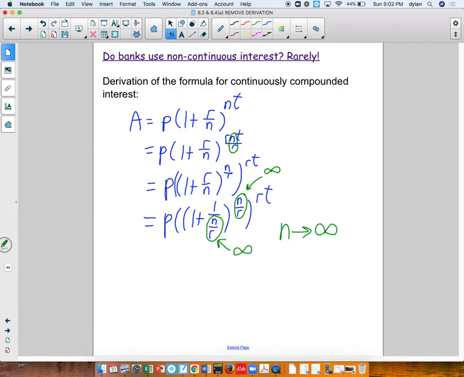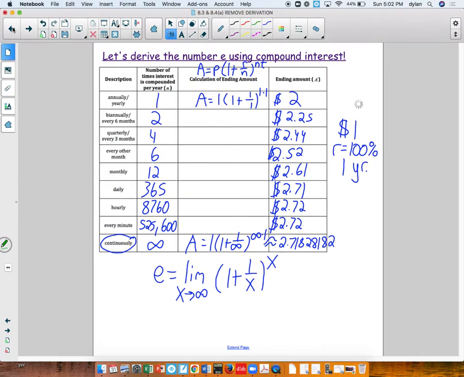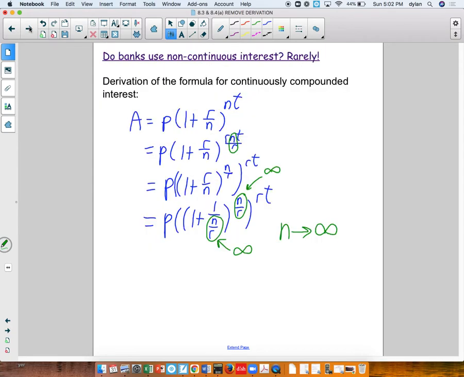And if we go back a screen for a second and look at the definition, e is the limit as x approaches infinity of 1 plus 1 over x raised to the x. What I want you to notice is that's the exact same thing as what we have right here.